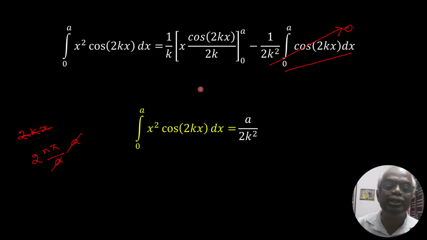Then this will be 2n pi, an even multiple of pi, so naturally this cosine will be plus 1. And you have x here, so a multiplied by 1 is a. Already k is there, so you bring 2k also outside, and this will be a over 2k squared. This is the standard result which we are going to use frequently in quantum mechanics.